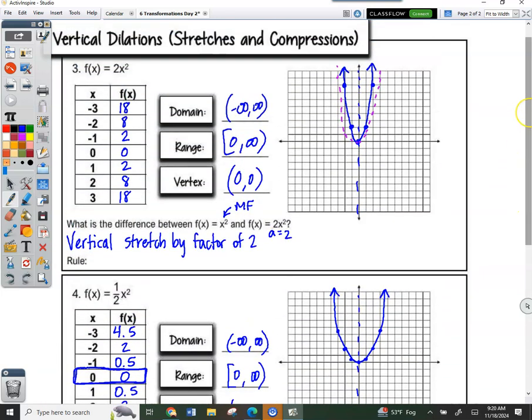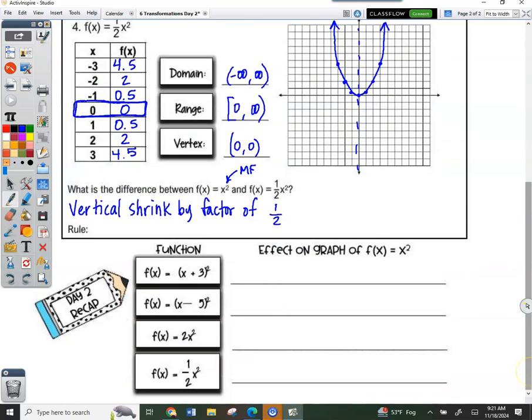So vertical stretch, lots of energy, big numbers, lots of energy to do this. How much energy does it take to shrink the room? Not much. All I got to do is relax my hands, right? And the curve starts compressing and going out. So, small number, 1/2.